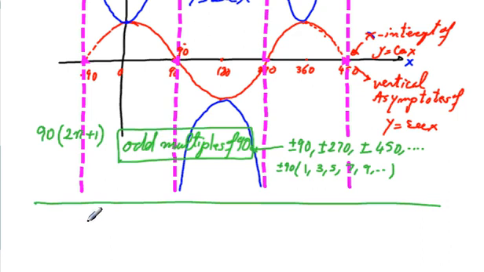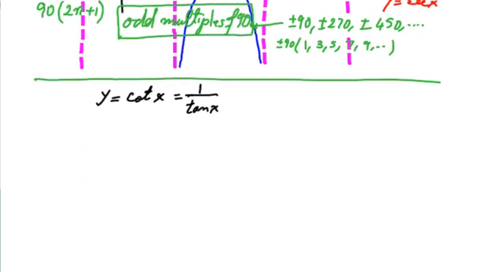So suppose I want to have a cotangent of x, and I want to connect it to its sister. What's the sister of this one? 1 over tangent of x. The question we are asking: if I know everything about tangent, can I quickly figure out my way around cotangent? And the answer is a big resounding yes.